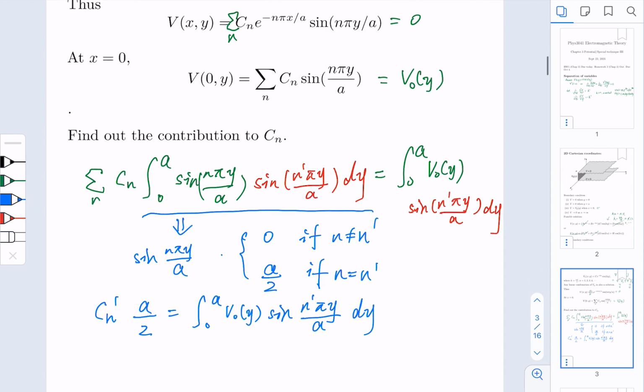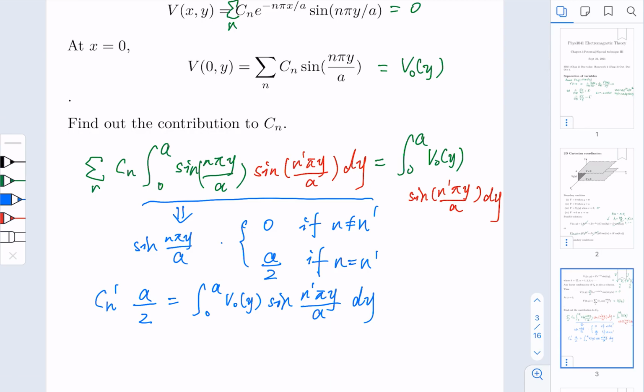You can see that by rewriting this expression in terms of n prime, the Cn is actually out of the integral, and so you only need to rearrange the terms, and that simply gives you the expression for Cn prime.